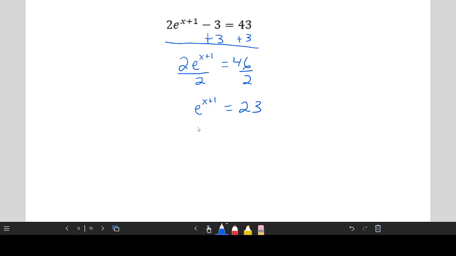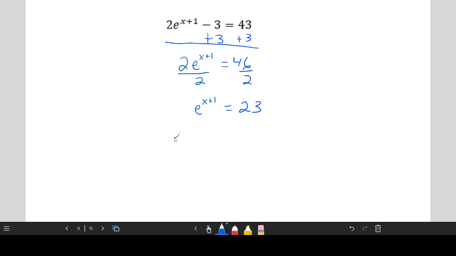So it's kind of like solving just plain old linear equations at first. You're trying to get something by itself by adding, subtracting, dividing to get that by itself. And then now that we have the exponential thing by itself, we can take log of both sides.